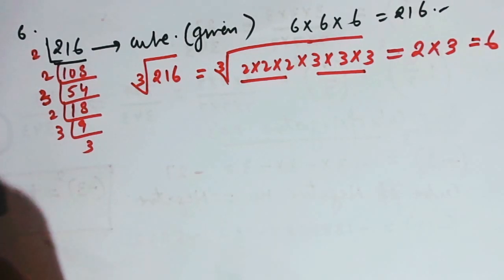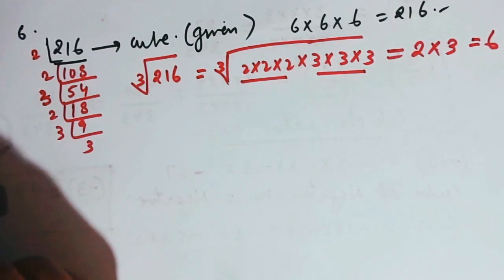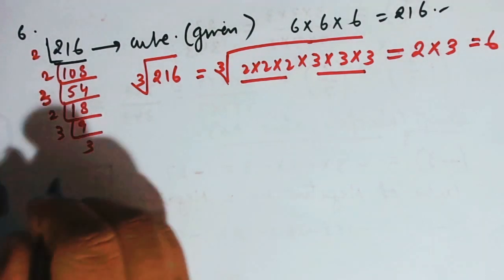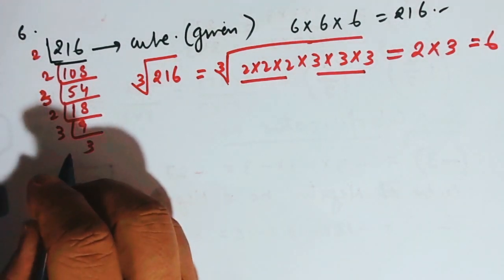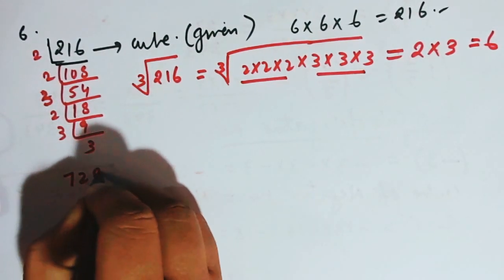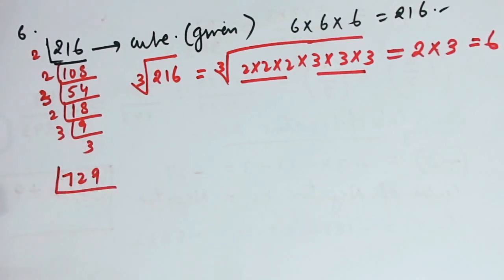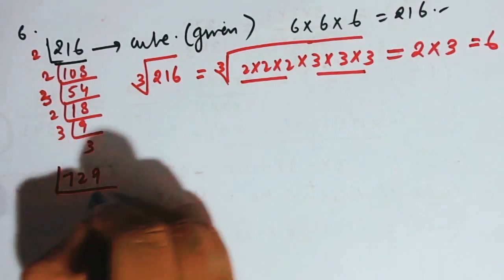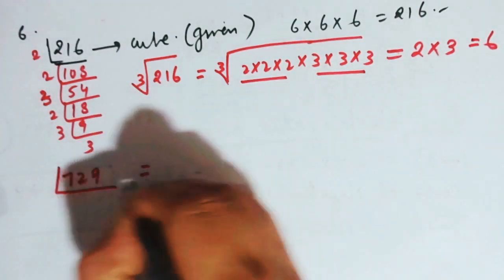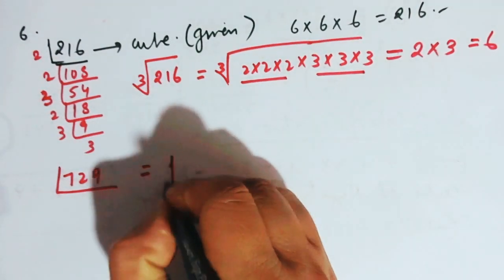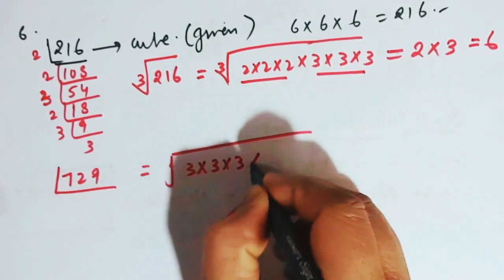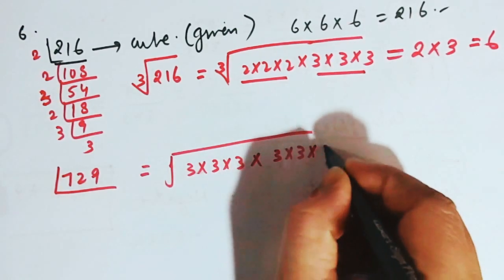Come on. Take one more number. For example, they have given us 729. Again, please find its factors and let me see what you people get. So here, when you factorize it, you will get 3 times 3 times 3, 3 times 3 times 3.